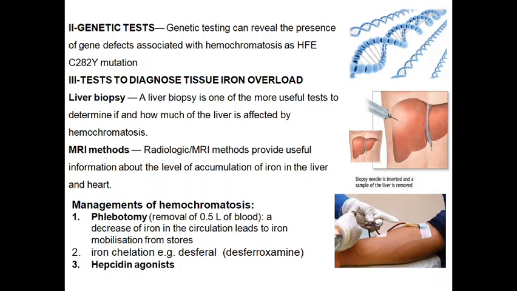Other tests to diagnose iron overload, like liver biopsy, are among the more useful tests to determine if and how much of the liver is affected. Radiological MRI methods provide useful information about the level of accumulation of iron in the liver and heart.